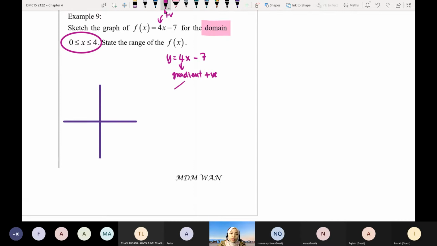And then this is the y-intercept. Okay, y-intercept. So where is negative 7? Below. And then because the gradient is positive, it will go upward.